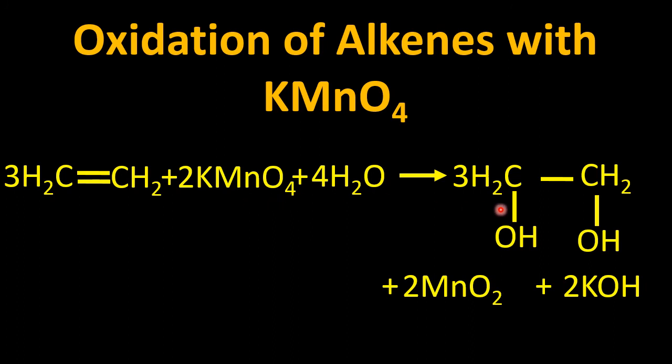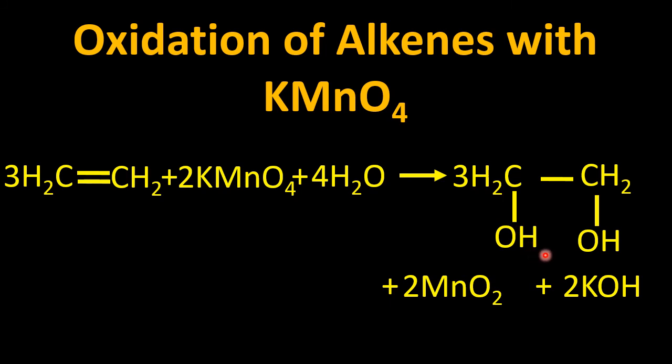While in the products, we have 3 2s are 6. Again, this 3 is also with the second carbon atom. So 3 2s are again 6. So 6 plus 6, 12. Now we have hydrogen atoms in alcohols as well. And as it is attached with carbon, the number 3 is again used with this hydrogen as well.